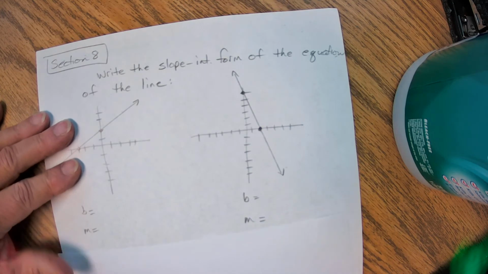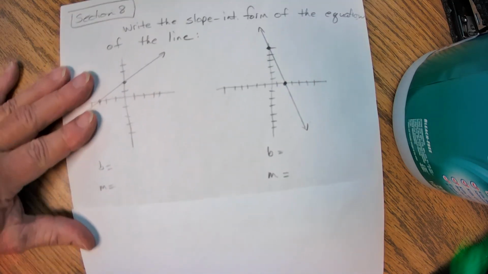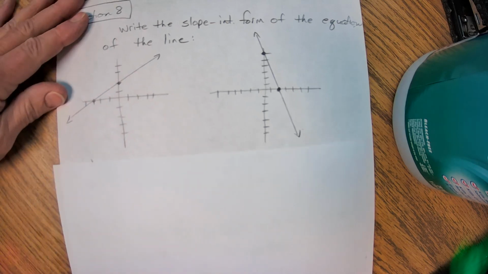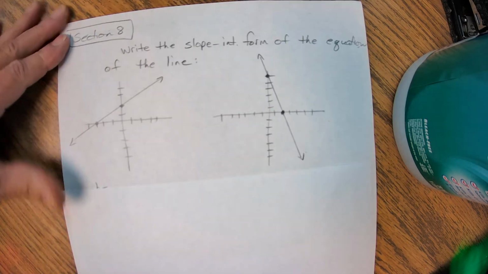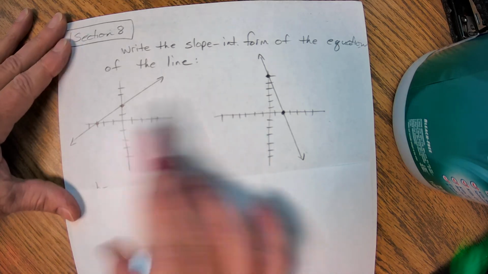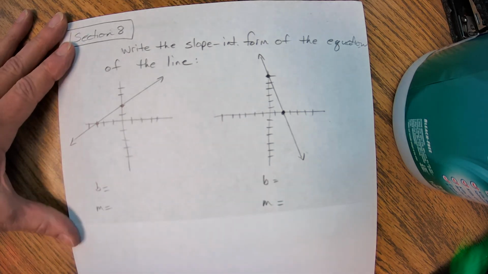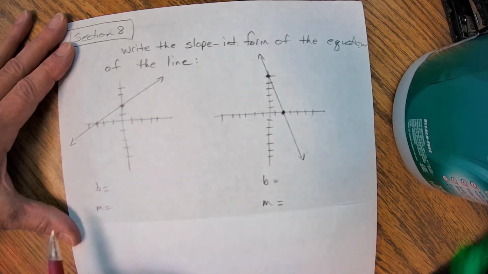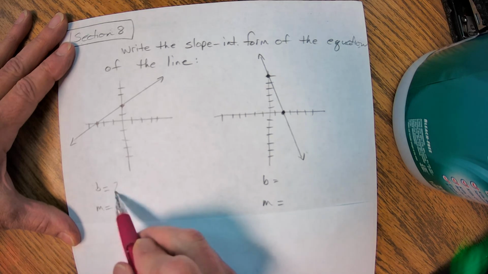And then section 8 is we're writing the slope-intercept form of the equation of the line given the graph. All right, well, we can see from this graph, I forgot to number these, so I don't know which number they are. The y-intercept is 2, so that's b.